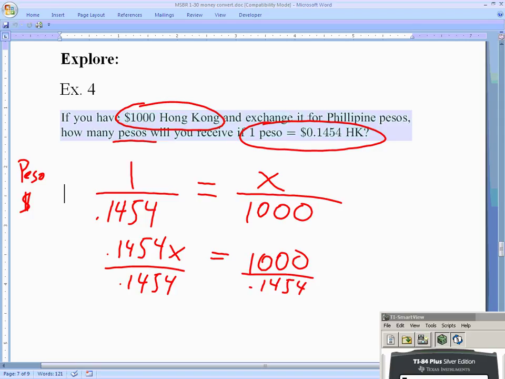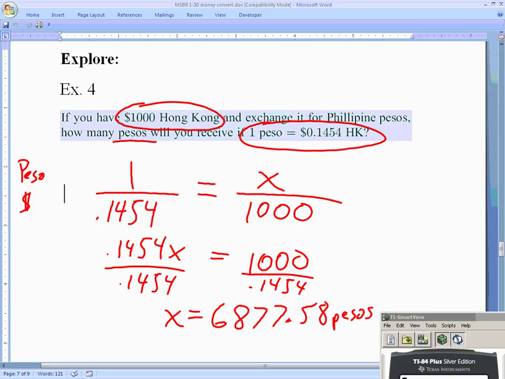Throw that in the calculator, and I get 6,877.58. And check our labels. We were looking for pesos, so I'm just going to label this pesos.